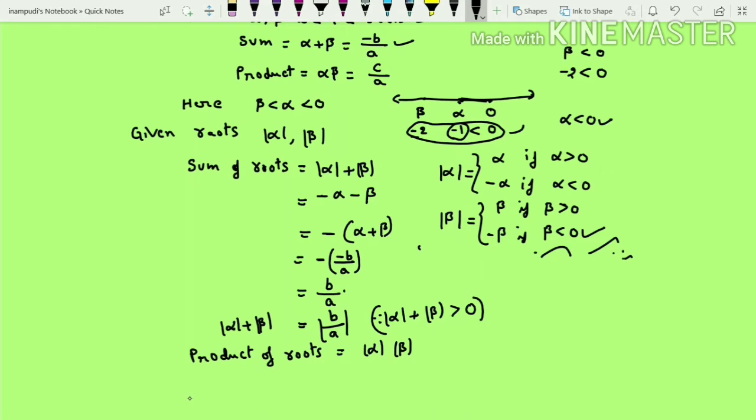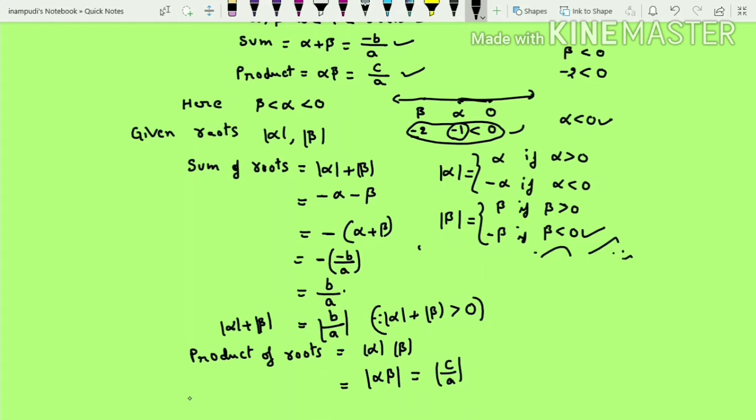Mod alpha into mod beta can be written as mod of alpha beta, and alpha beta equals c by a. So the product is modulus of c by a.